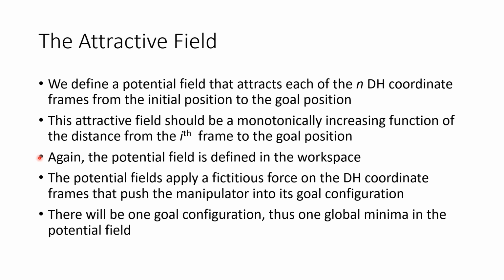Once defined, and once we have made sure that it is a monotonically increasing function of distance, we can expect that this potential field is going to apply a fictitious force on all these frames to push the manipulator to the goal configuration. And obviously, we should expect that there is going to be one goal configuration, so that it can be defined as the global minimum in the potential field.